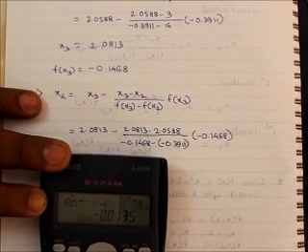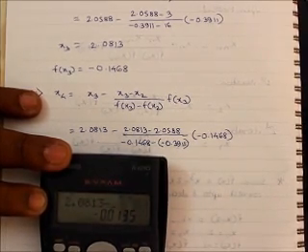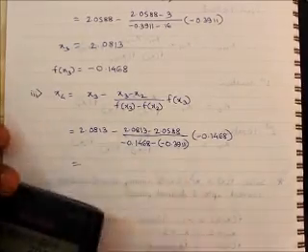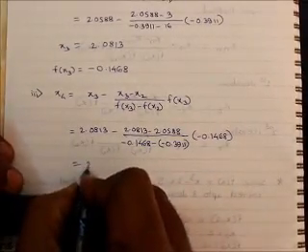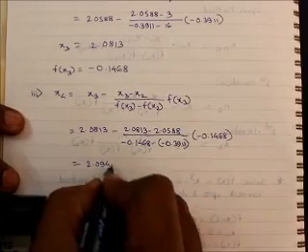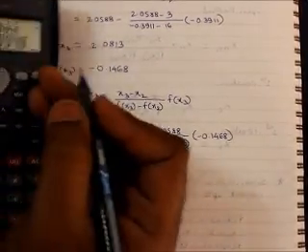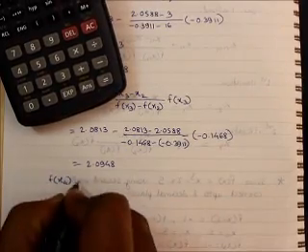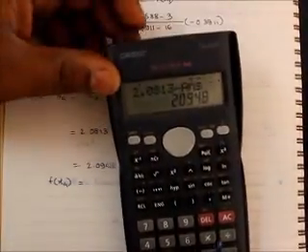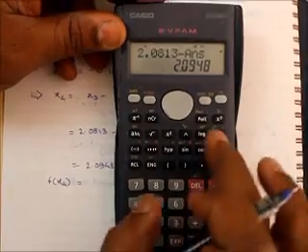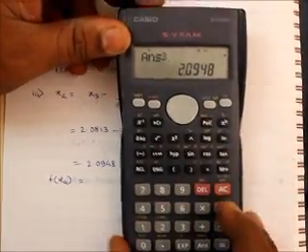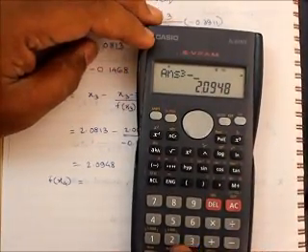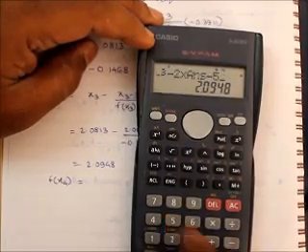Just the minus thing, so 2.0813 minus the answer gives you 2.0948. Okay, so that's your x4. Now let's see what f of x4 is. So it's cube minus 2 into the answer minus 5.